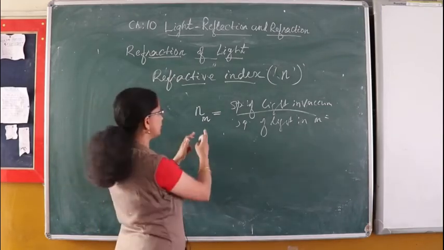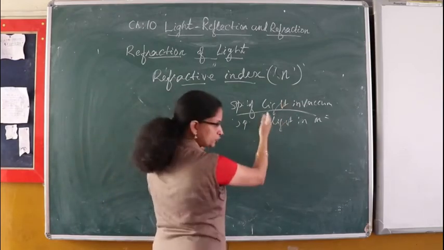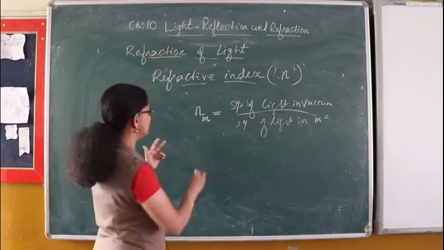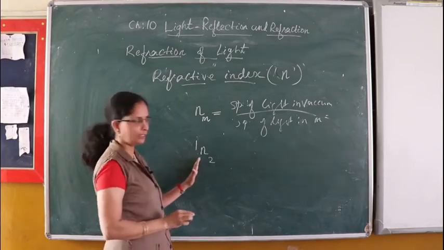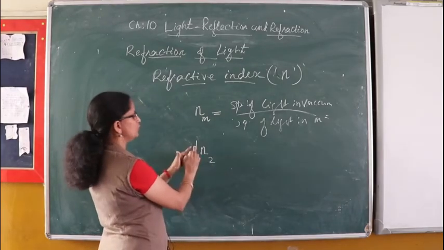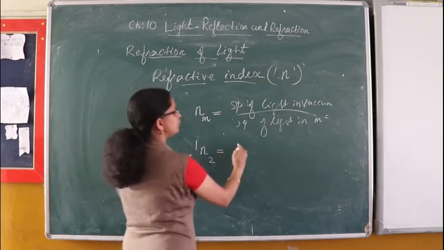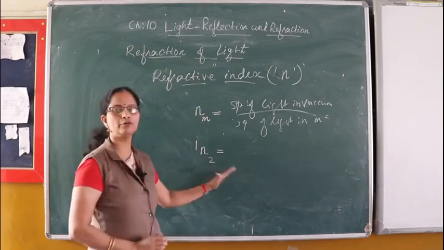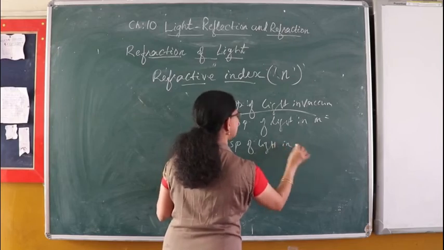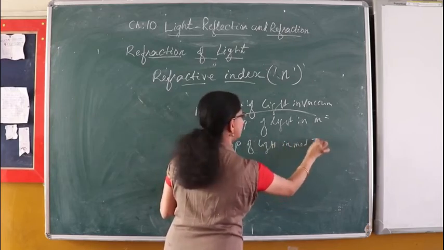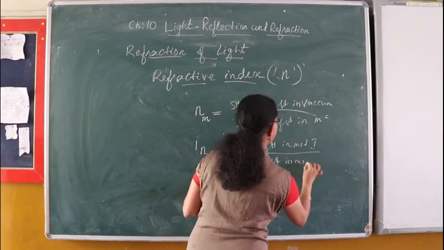If we want to find the refractive index of medium 2 with respect to 1, and we know the speed of light in medium 2 and medium 1, we can get the refractive index easily by putting in the speed of light in medium 1 upon the speed of light in medium 2.